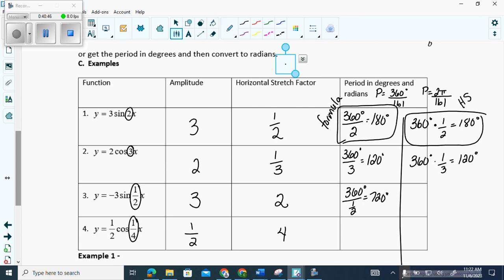Or I can use the horizontal stretch factor and go 360 times 2, which is 720 degrees. This one I can go 360 divided by b, which is a quarter, which gets me 1440. Or I can go 360 times my horizontal stretch factor and get 1440.